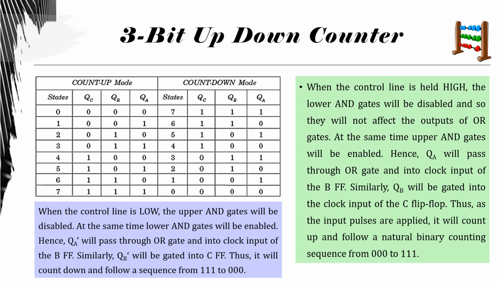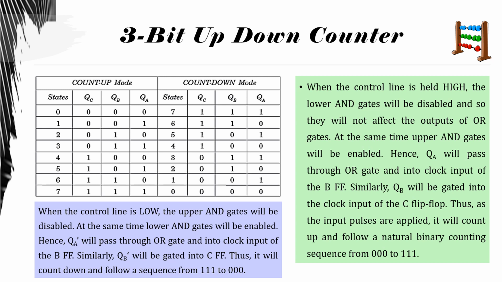At the same time, the upper AND gates will be enabled. Hence, QA will be passed through the OR gate and into the clock input of the B flip-flop. Similarly, QB will be gated into the clock input of the C flip-flop. Thus, as the input pulses are applied, it will count up and follow a natural binary counting sequence from 000 to 111.